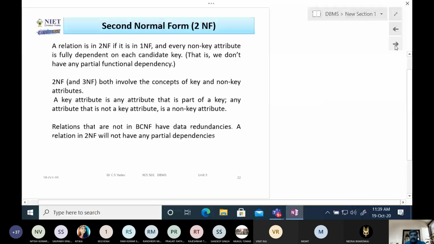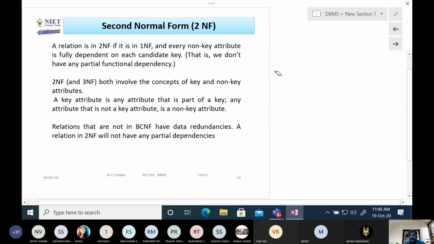Now in this slide, the definition is: a relation is in second normal form if it is in first normal form and every non-key attribute is fully dependent on each candidate key. Second normal form and third normal form both involve the concepts of key and non-key attribute. And what is a non-key attribute? The attributes which are not involved in the formation of any candidate key.